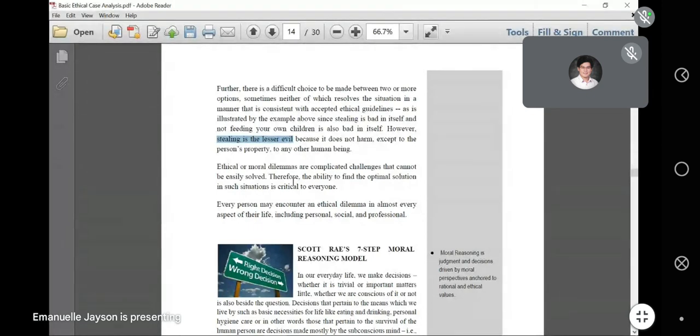So siguro naman ngayong ano na kayo, 19, 18, meron na kayong na-experience na ethical dilemma or moral dilemma. And I would like you to reflect on your past experiences. Kung hindi man kayo yung moral agent, at least yung ibang tao na kakilala niyo naka-encounter ng ganito.